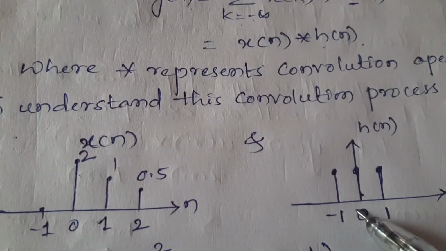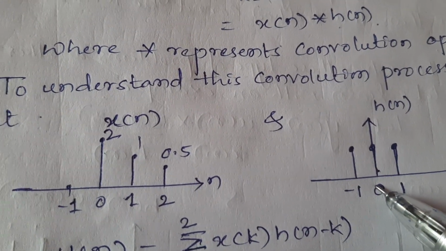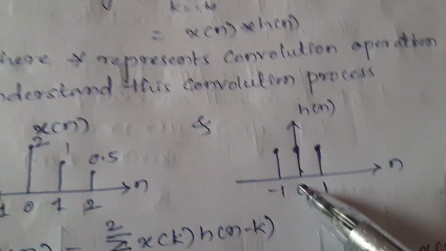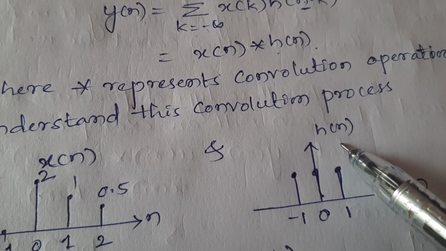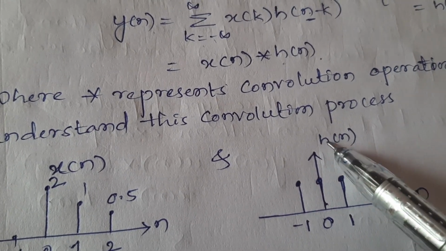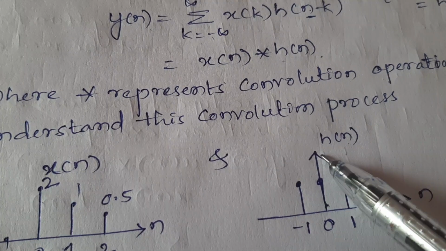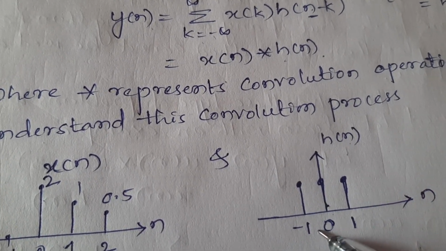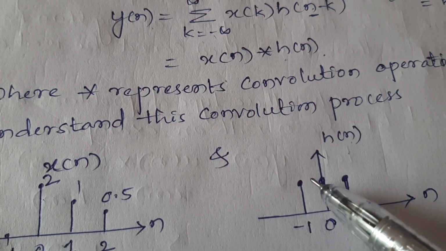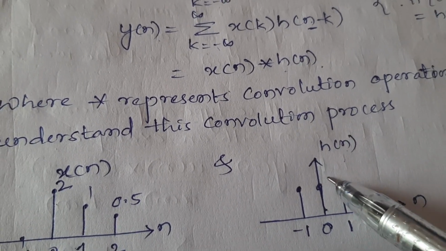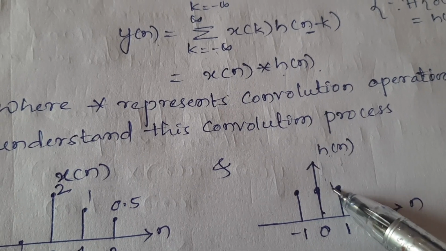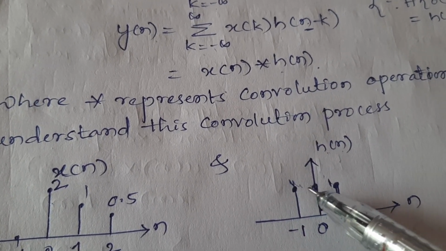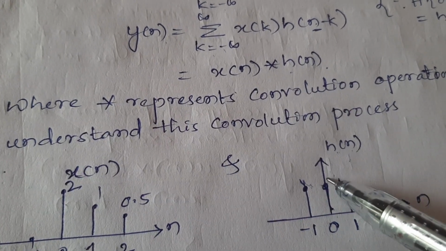Then h of n. Convolution happens with two signals, so we need the transfer function signal also. Let's say h of n runs from -1 to 1, having the value 1 at all these places.